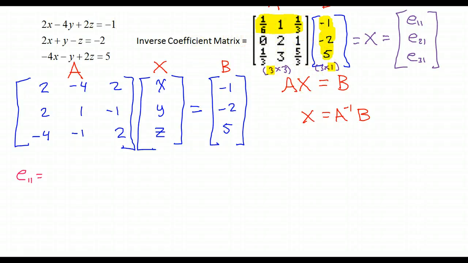So row 1 is 1/6, 1, and 1/3. Okay, that is row 1. Column 1, of course, is -1, -2, and 5.